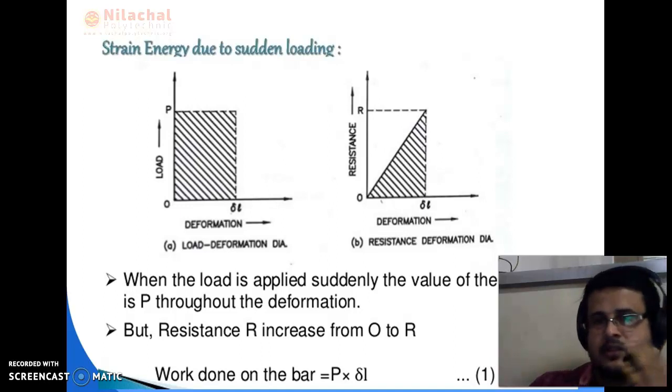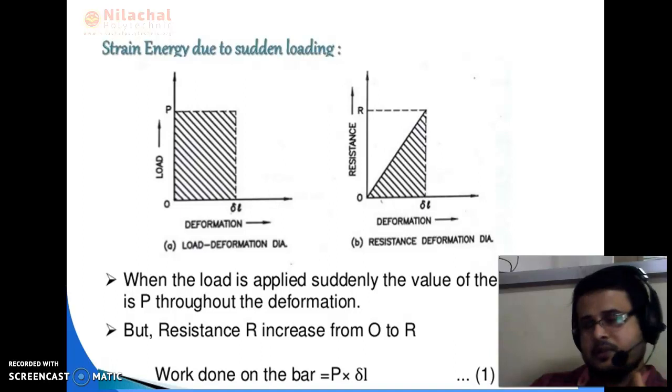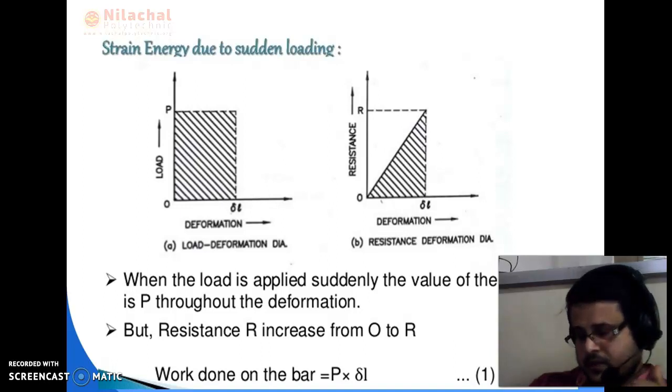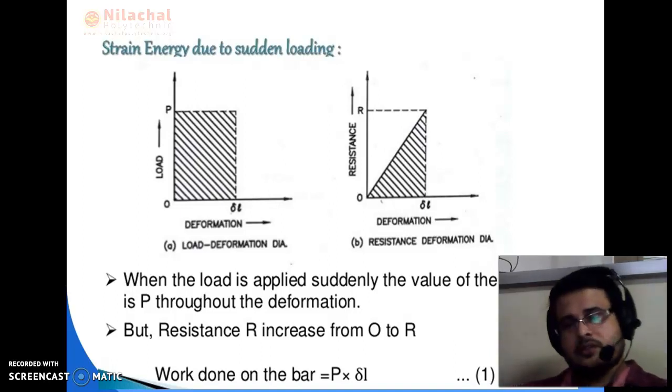That is, the load is applied suddenly upon the surface, and it is also known as a shock load.